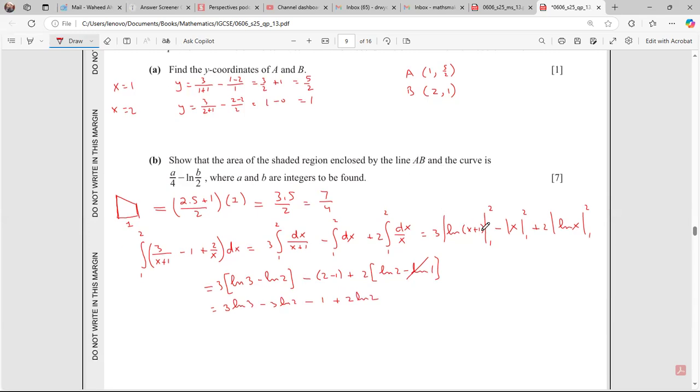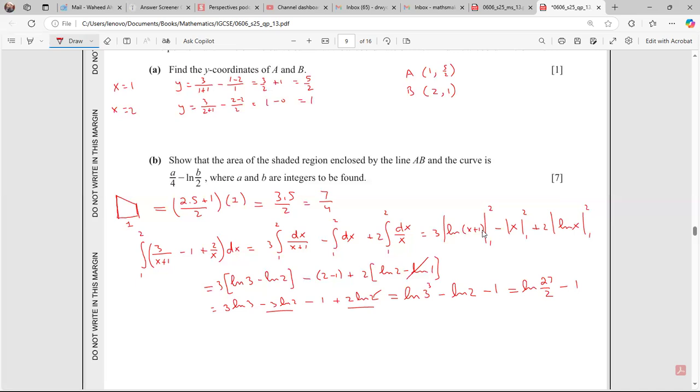This can be further simplified. I can write 3 log 3 as log 3 power 3, minus 3 log 2 plus 2 log 2, which becomes minus log 2 only, and minus 1. We can combine them together. It will become log of 3 power 3, which is 27, over 2, minus 1.